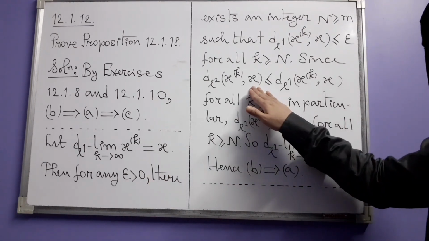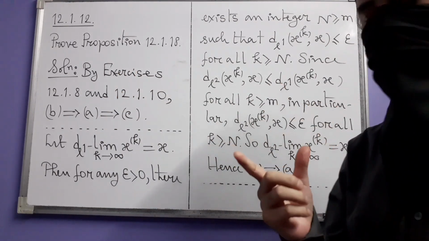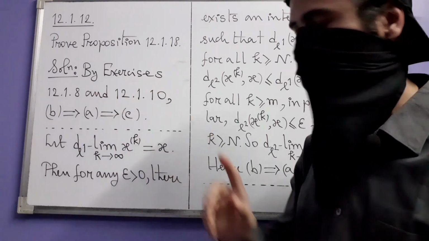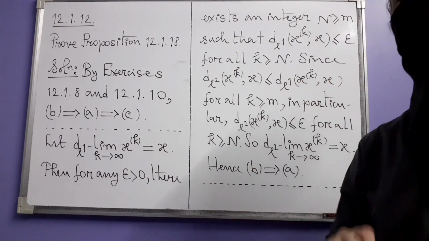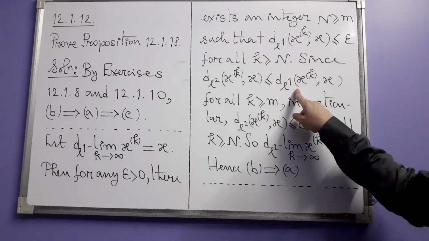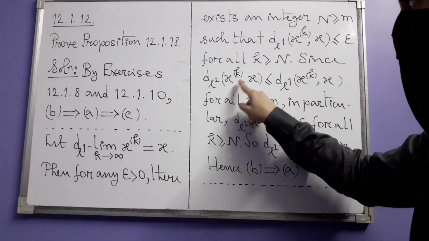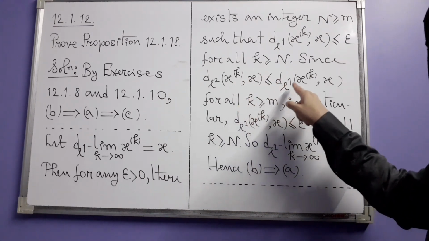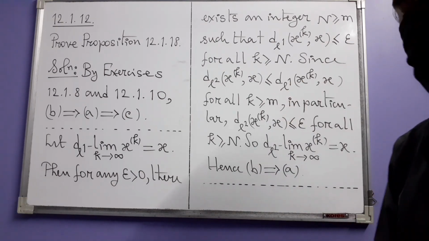But now you recall the inequalities that we previously got, and in fact in exercise 12.1.8 we were asked to prove those inequalities. One of those inequalities is that dl2, which measures the distance between two vectors in Rn, is less than or equal to the distance between them as measured by dl1.